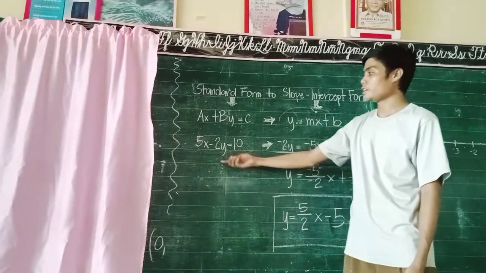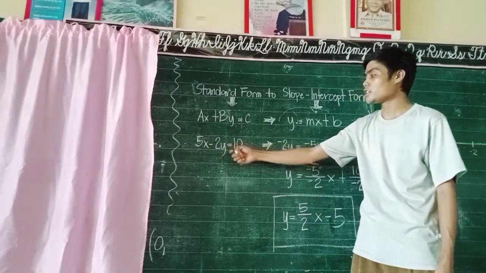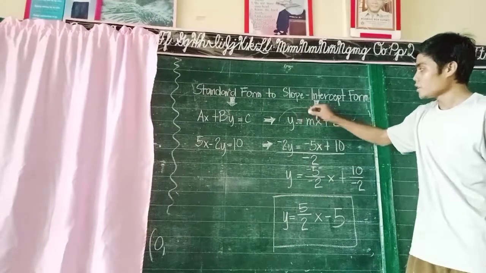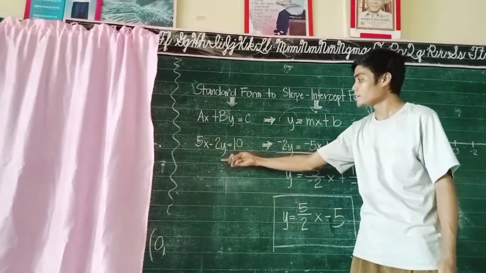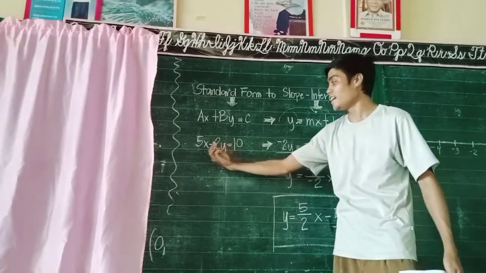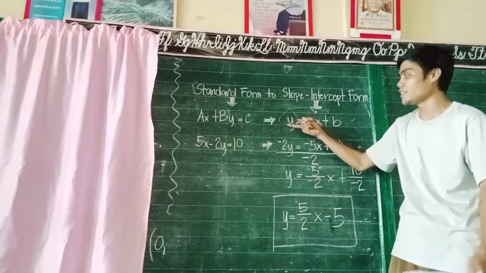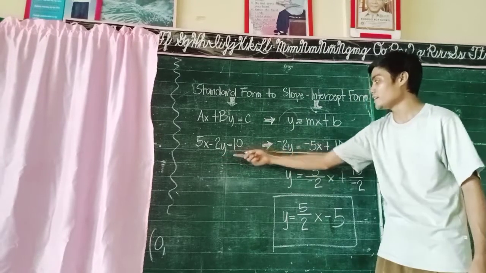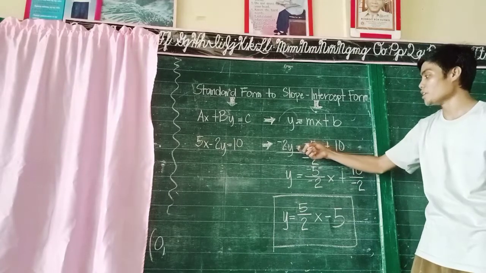So we have here our formula, 5x minus 2y is equal to 10. Here our y term is negative 2y. Since it is on the left side, we would just copy here negative 2y and then equals.